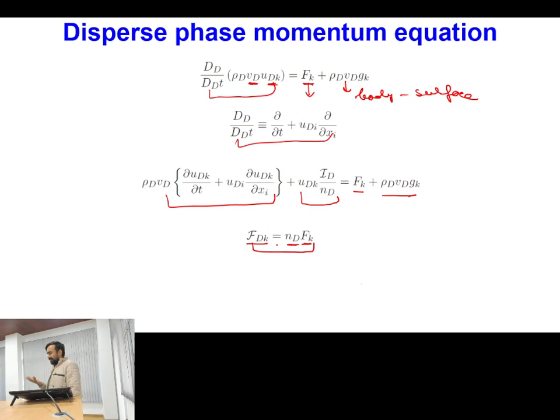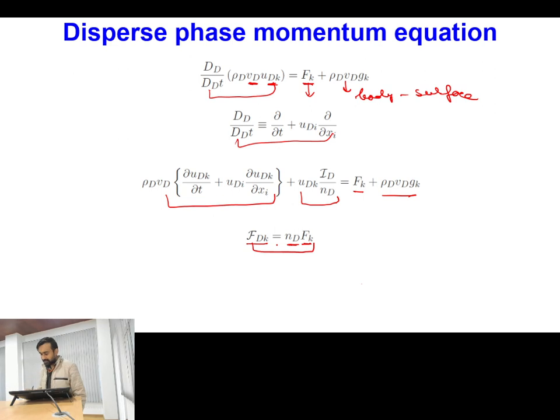Now, one simple thing we will experience: if you have some flow, and in that flow you simply insert a fluid particle, what will happen? Of course, at the instant where you have just dropped the particle into the flow, it will have zero velocity in the direction of the flow.